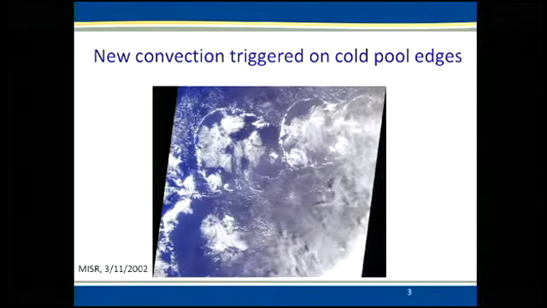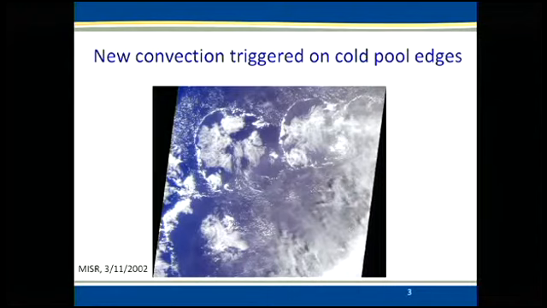All right, so one thing we do know about triggering in the tropics is that it often happens on the edges of cold pools. So what do I mean by that, and what are cold pools? What you're seeing here in the satellite image are the remnants of deep convection. You see maybe 1, 2, 3, maybe 4 remnants of deep convective events. This wispy stuff you see in the center is the dissipating anvil from a deep convective event.